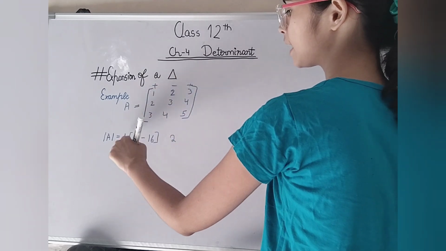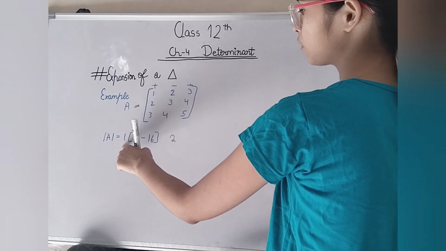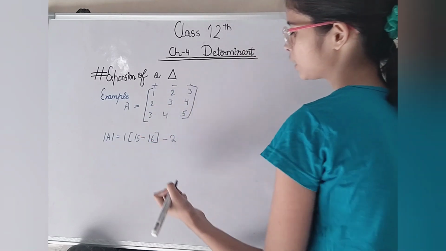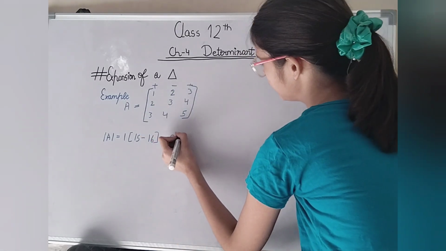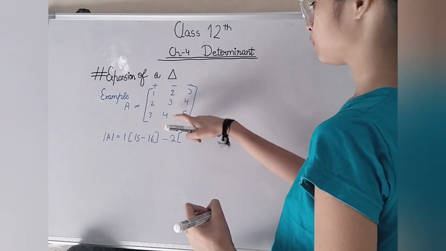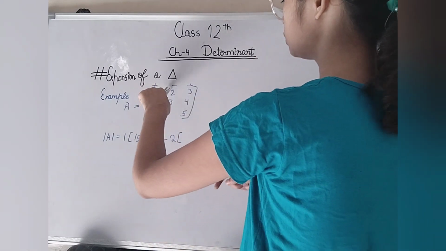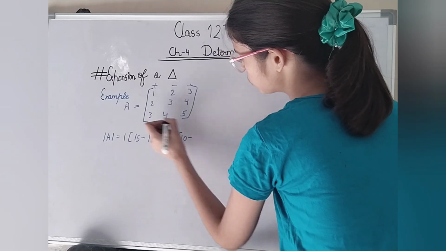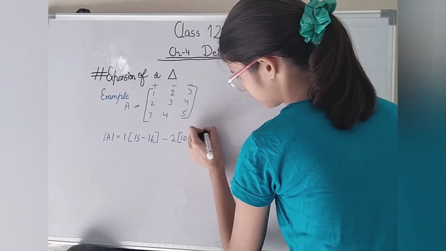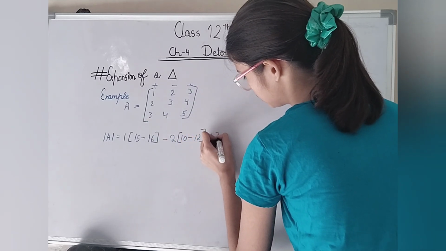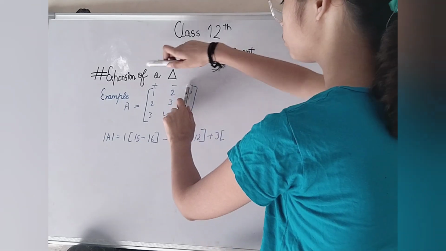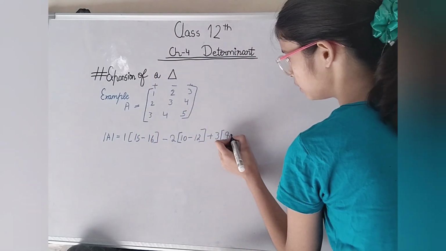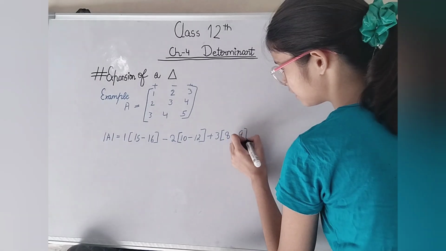We already put the sign of 1, a positive sign in front of 1, but we have a negative sign in front of 2. So we are just going to assign it as it is. Then we are going to multiply the leftover row and column. So it is 5 twos are 10 minus 4 threes are 12, plus 3, and the leftover minor determinant is 4 twos are 8 minus 3 threes are 9.